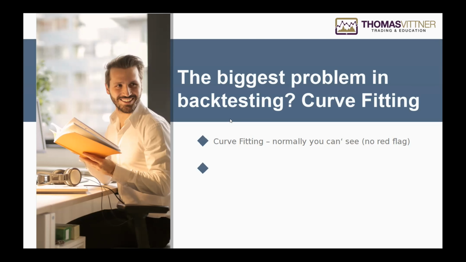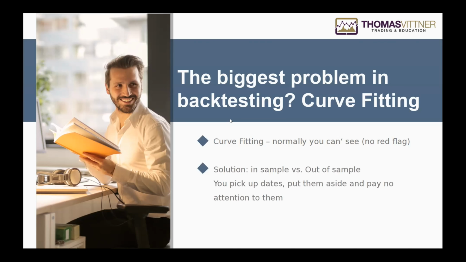The way to avoid this problem is to do backtesting on a so-called in-sample time frame. And when the system is ready for trading, before you start live trading, you do an out-of-sample backtest.